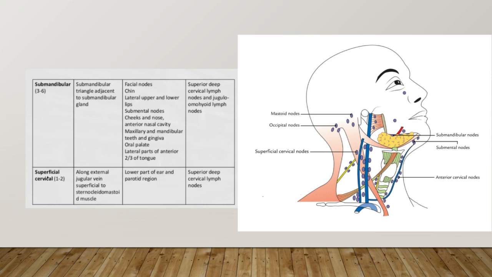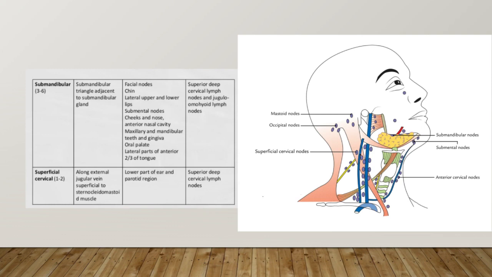Coming to the superficial cervical lymph nodes. They lie along the external jugular vein, superficial to the sternocleidomastoid. So here you can see this is the external jugular vein, this is the internal jugular vein, and this is the anterior jugular vein. So the superficial cervical lymph nodes are the group of lymph nodes seen alongside the external jugular vein.